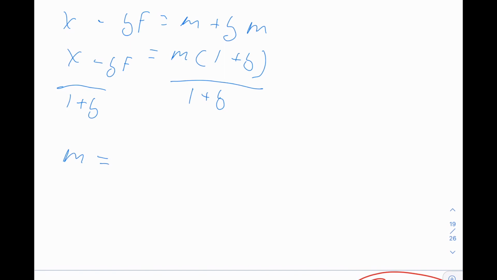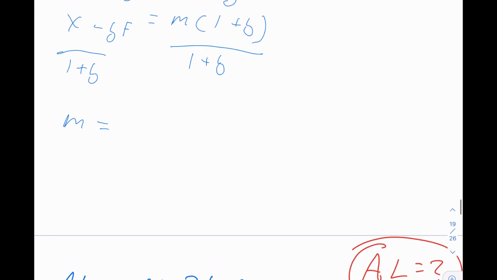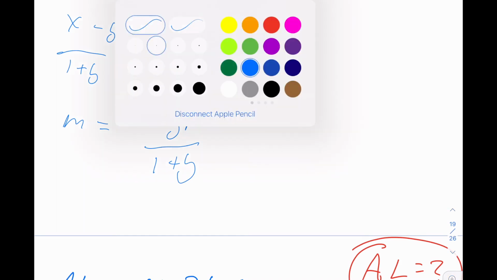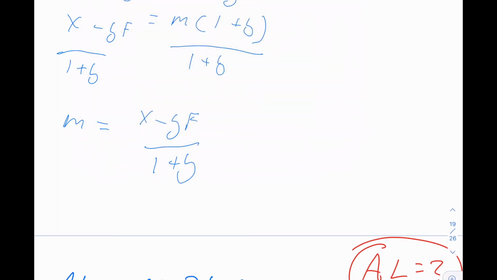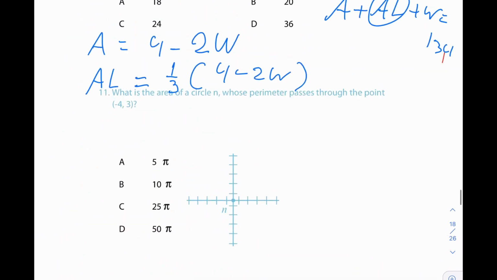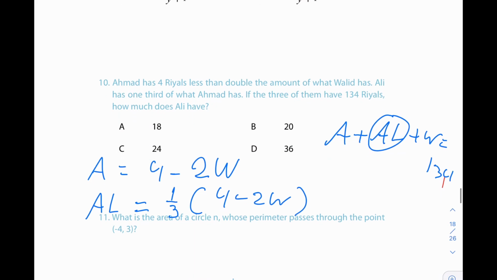You don't go, oh, okay, now I'll just bring this back and bring this here. That's it. So m is just going to equal x minus yf over 1 plus y. So now we have m. Let's check if our answer is included in the choices. x minus yf over 1 plus y.